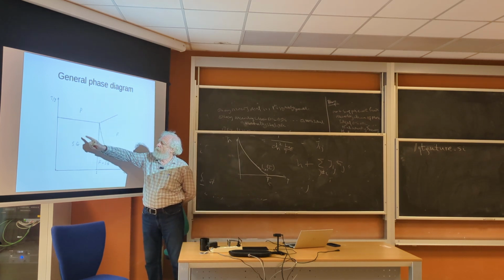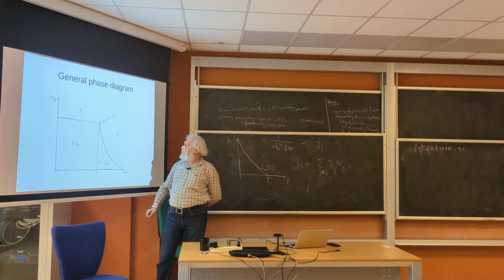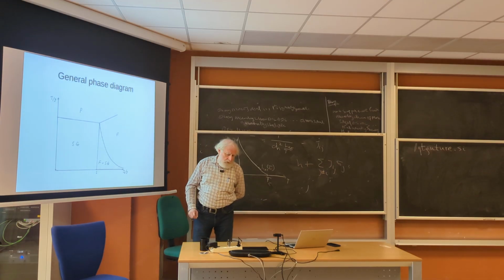A paramagnetic phase and a spin glass phase here at low temperatures. And then some new phases appear when the average value of the matrix element is larger than the dispersion. Here we may have two different additional phases.